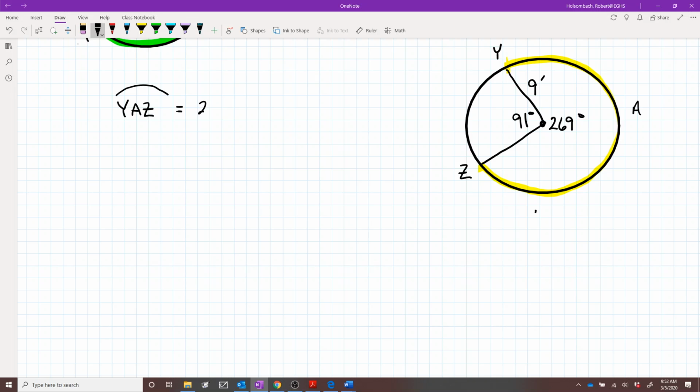So now we have 269 over 360 times 2 pi, and your radius is 9 feet. So your arc length is going to be in feet. 269 divided by 360, then times 2 times pi times 9, and that is 42.25, and that's in feet.